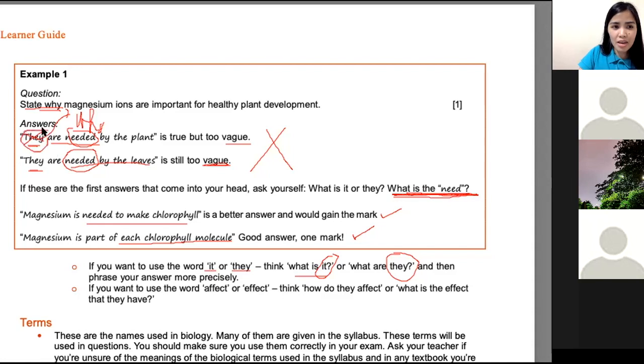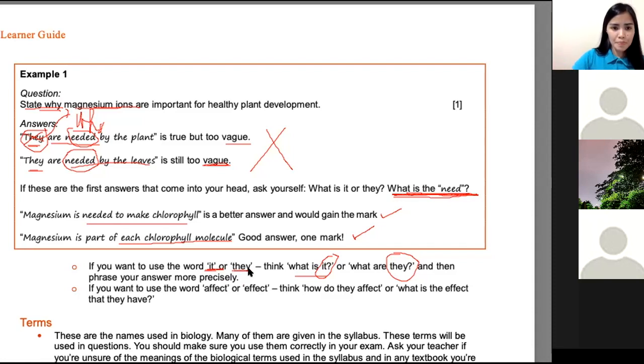What is they here? They is actually magnesium ions, right? Why don't you write magnesium ions instead of they? Because this could be confusing to the reader. Because they, are you referring to the magnesium ions or the plant?